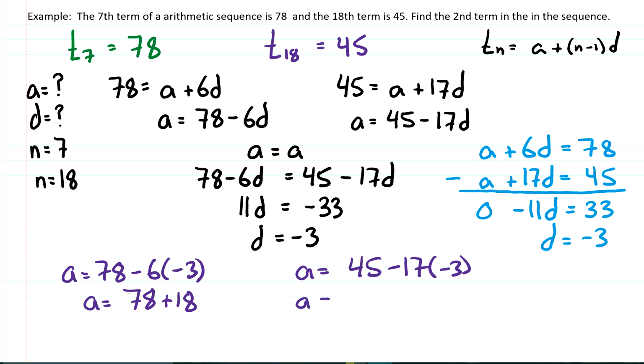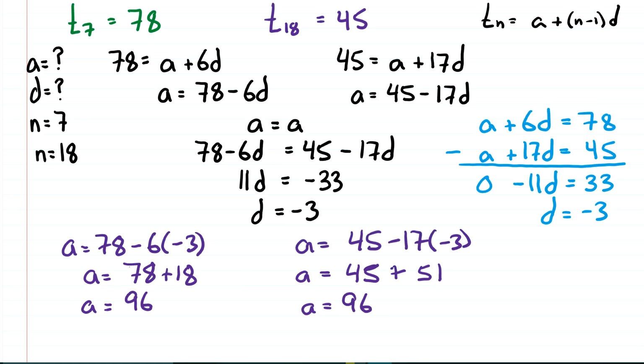And over here, the A value would be 45 plus, and then 17 times 3 is 51. And if we add 78 and our 18, we should get 96. And here, of course, we get 96.